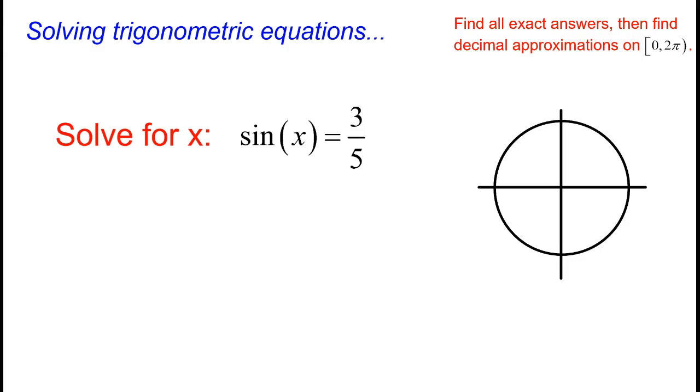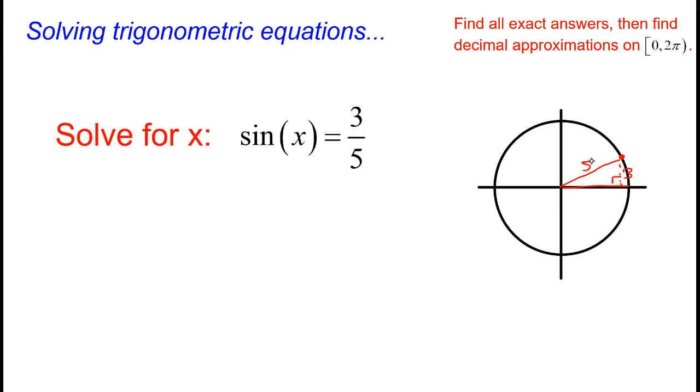So here we have sine of x equals 3/5. I'm going to start by drawing a picture that would match this statement. Somewhere about right here, I can draw in an angle that has a sine ratio of 3/5.